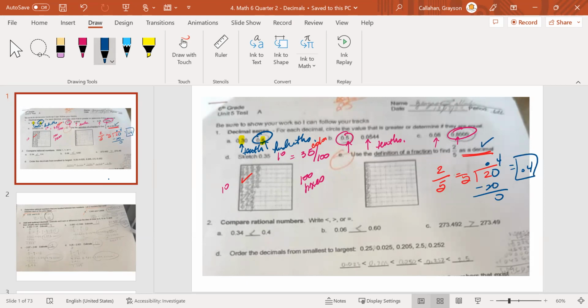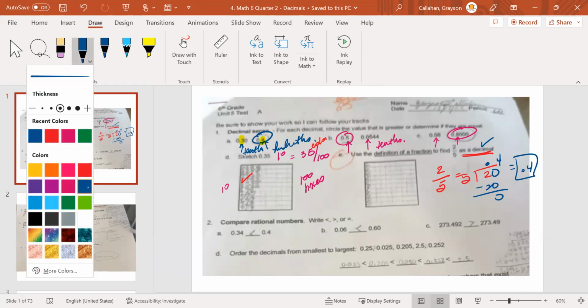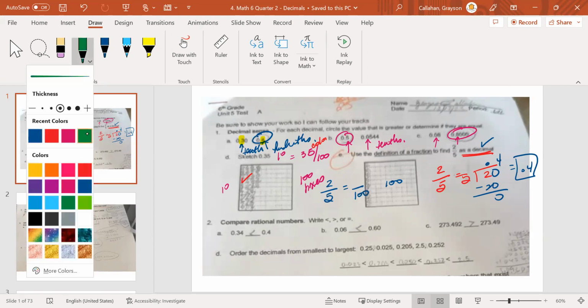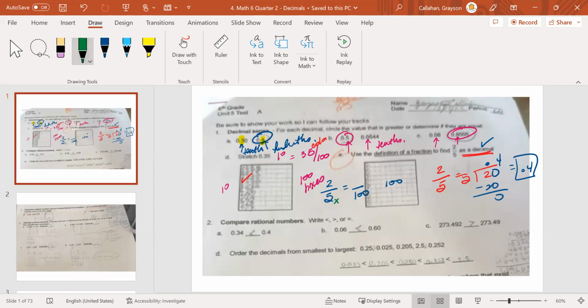And then you're going to go ahead and color this. Now, this is 100 boxes, correct? You want to color 2/5 of it. So if this is out of 100 boxes, 5 times what gives me 100? Because I need to figure out how many to color, which is the numerator.